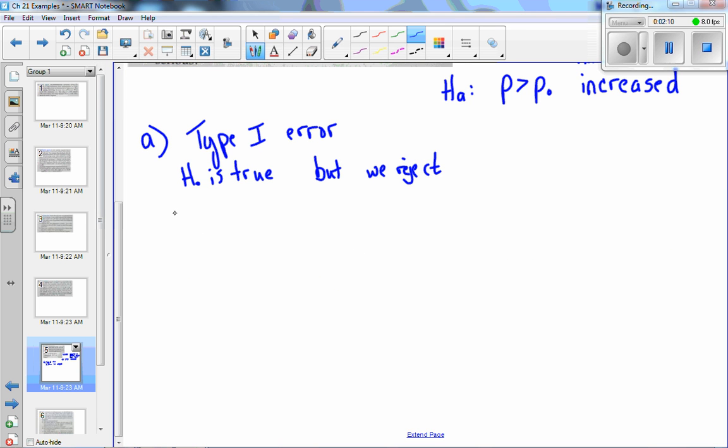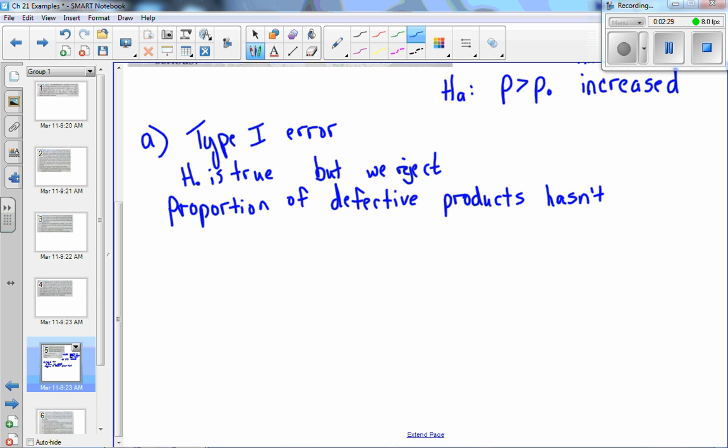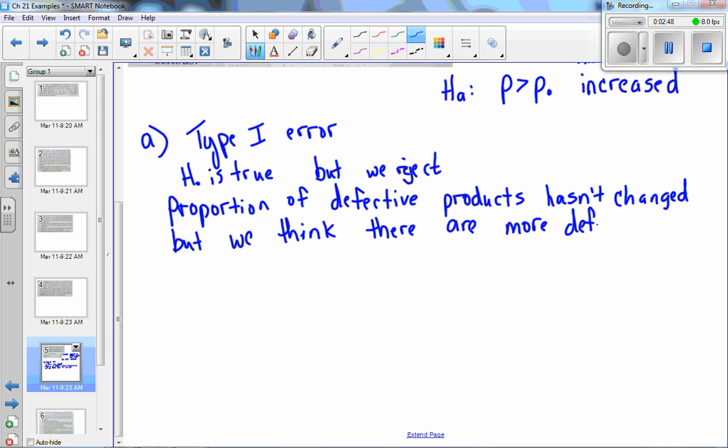So in this situation, H naught is true means that the proportion of defective products hasn't changed, but we think there are more defectives.